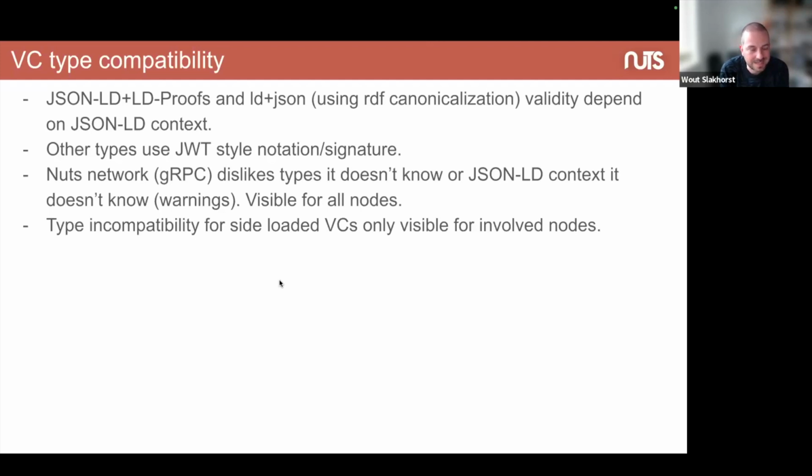But with the linked data proofs, the signature is dependent on the canonicalization scheme that is used, which is also dependent on the linked data context you're using. So for those new version 2.0 verifiable credentials, they also added JSON canonicalization, which is just alphabetic sorting of your JSON object and then applying a signature to it.